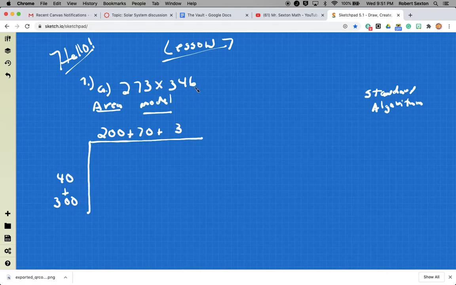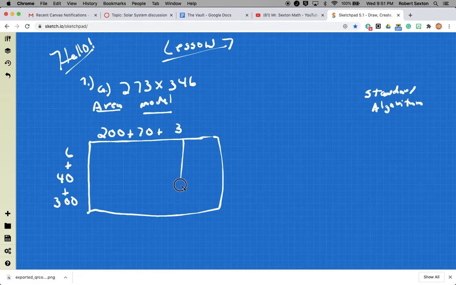And I've got a 6 in the ones place, so that's going to be 6. Now I can go ahead and finish up my rectangle, and I can break it up in a way that makes sense. I'm going to move the 3 over here so it lines up better. Okay? Now, I also need to draw lines this way at my pluses.